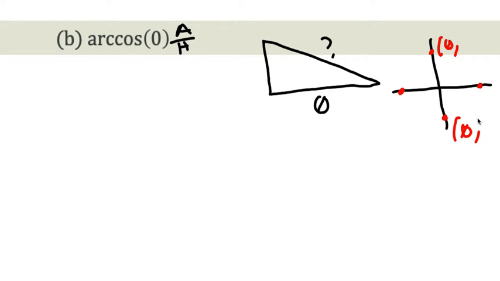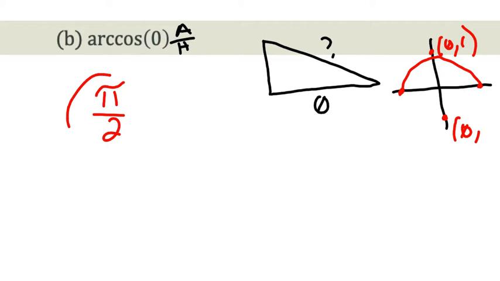The other thing we have to remember is where the arccosine function is defined, and that would be in quadrants 1 and 2. So this point (0, 1). If we're looking for an angle measure that would give us 0, that's going to be 90 degrees, or pi over 2 if we write it in radians, which we need to do, so there you go.